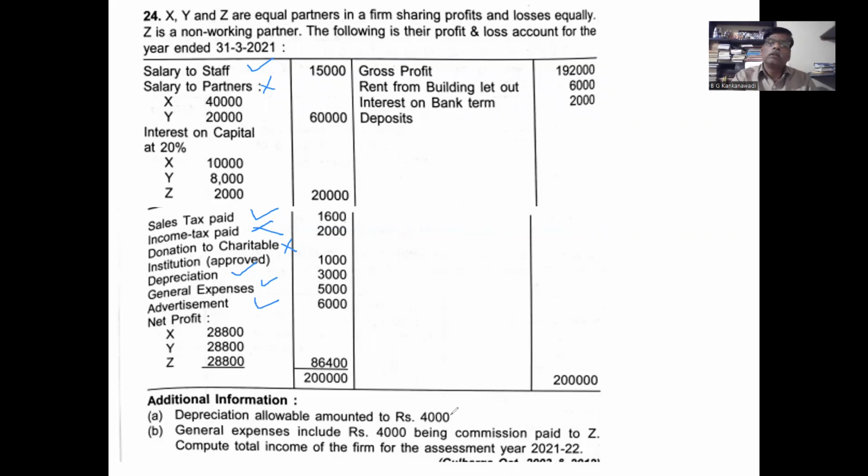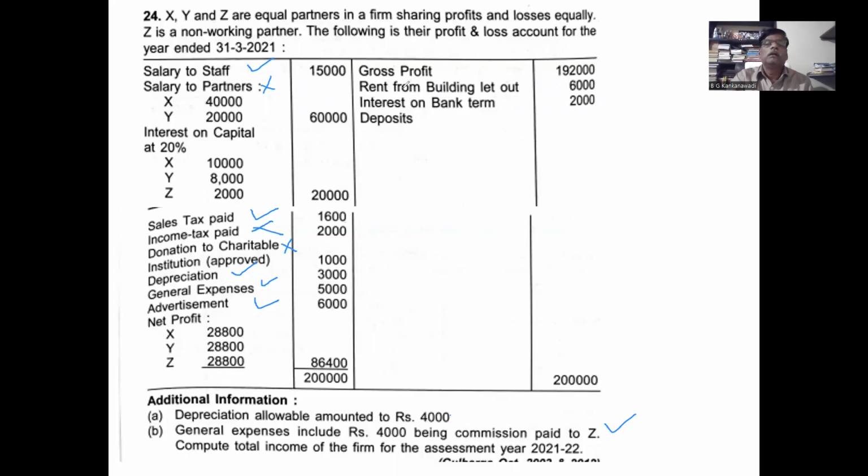So the additional 1,000 depreciation you have to allow under the less heading. Then general expense includes 4,000 paid as commission to Z. So 4,000 is disallowed. You take the total and go to the less heading.